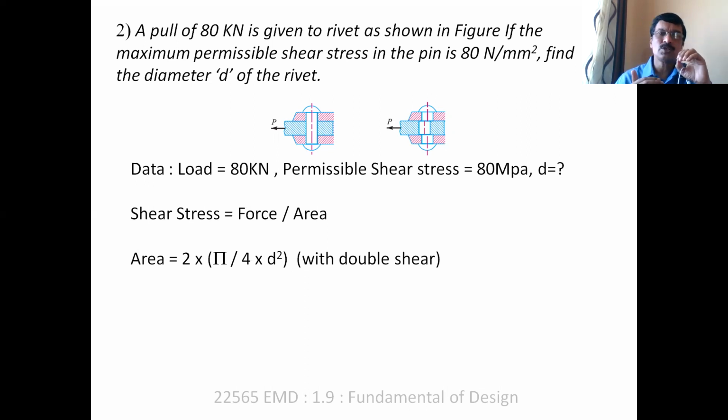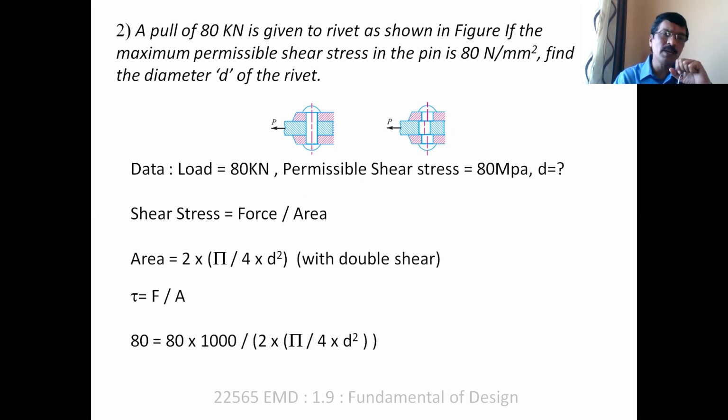There are two sections that have to fail in this case. So 2 into pi by 4 d square, double shear. If we go for double shear, then tau is equal to force divided by area: 80 into 1000 divided by 2 into pi by 4 d square.